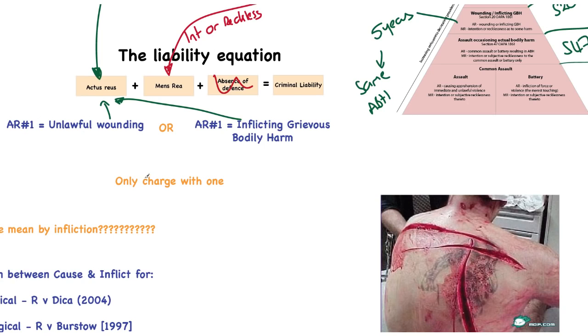There may be crossover in which the wound is grievous bodily harm, or the grievous bodily harm could be the wound, quite obviously. But essentially, there are four different permutations that we are able to find liability for this. One is an intentional wounding. The second is a reckless wounding. The third is an intentional infliction of grievous bodily harm.